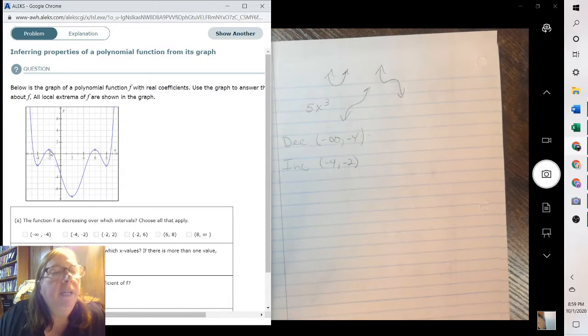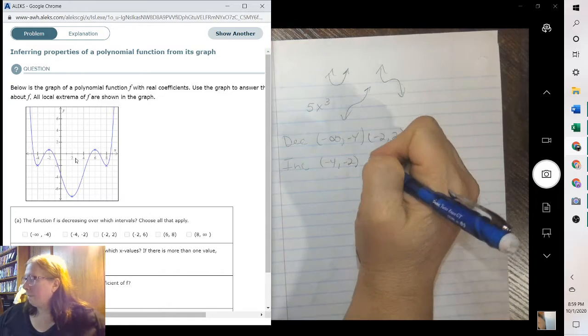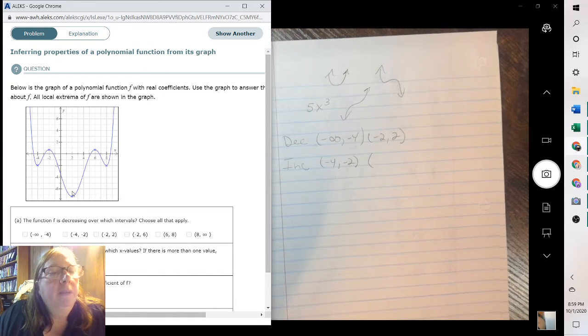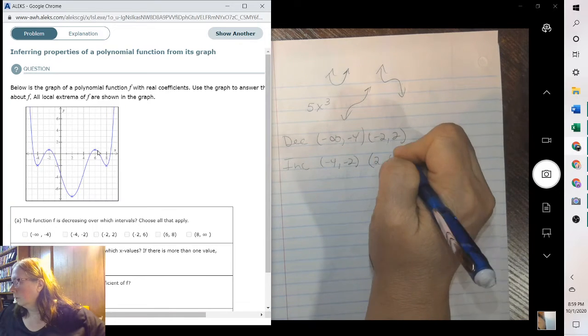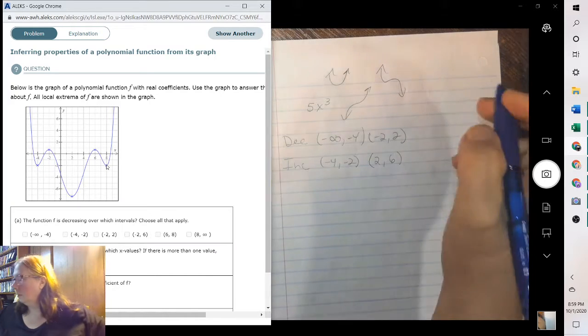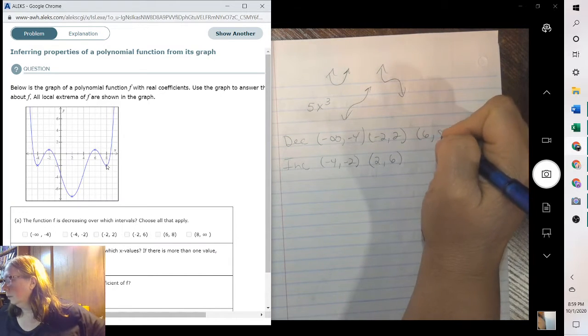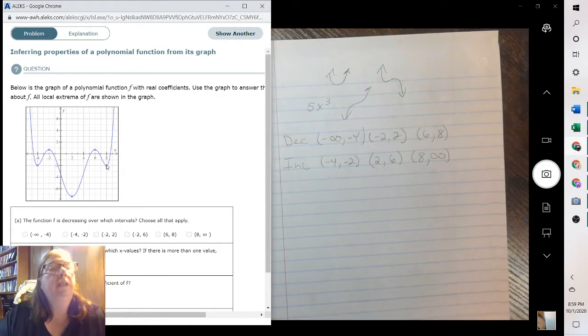Then it starts going down again from negative 2 until 2. And then it increases from 2 to 6. And then it decreases again from 6 to 8. And then after that, it keeps increasing from 8 to infinity.